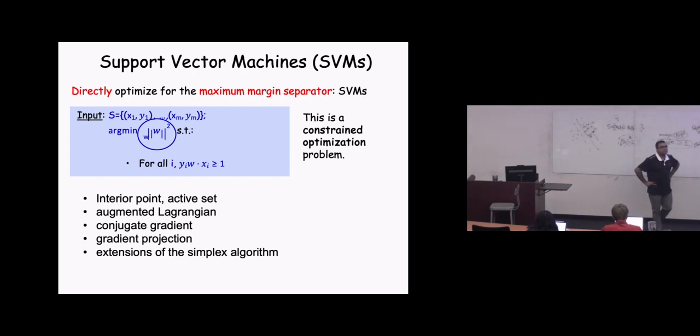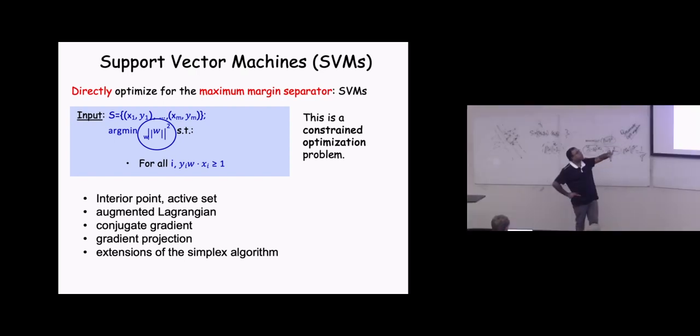Because we have to compute the gradient at every point. We are not even computing gradient here, but yes, your direction is correct. Look at that constraint, and you have to satisfy that at every point. So as you try to find out W, you have to check whether this constraint is being satisfied or not every time.